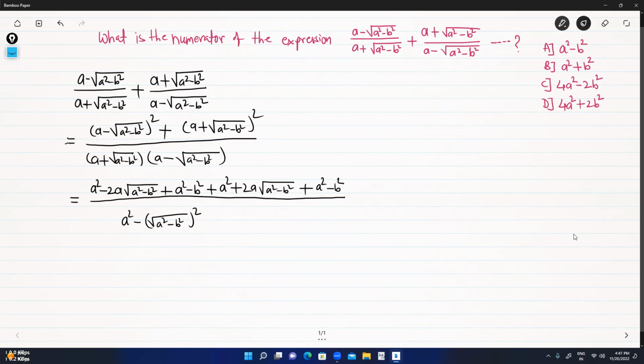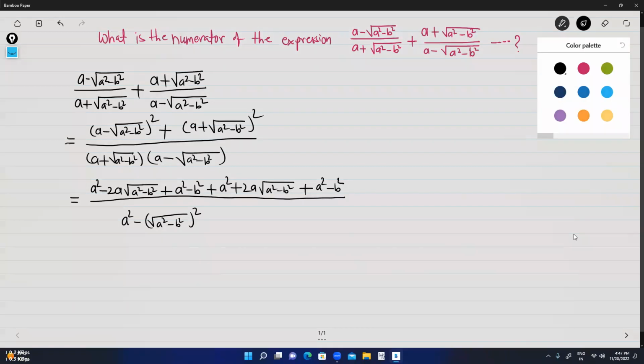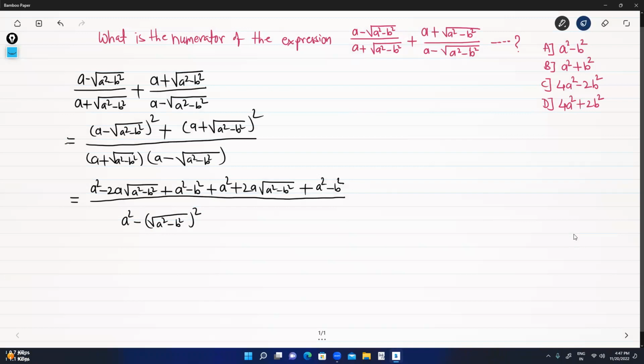So in the numerator, now we will cancel out some things, that is minus 2a under root a square minus b square and positive 2a under root a square minus b square, which means these two numbers are the same with opposite signs, so they will be cancelled out with each other. Again, a square appears 4 times here with the same positive sign, so it will return 4a square.